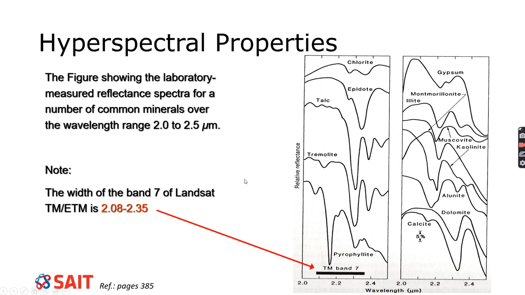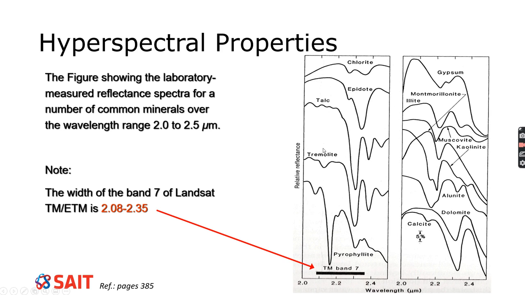If we used a spectrometer and tried to identify these different types of minerals, we would be able to see all this information. With hyperspectral, we can look at every segment all the way along, but you can see how much information Landsat 7, for example, would be missing.